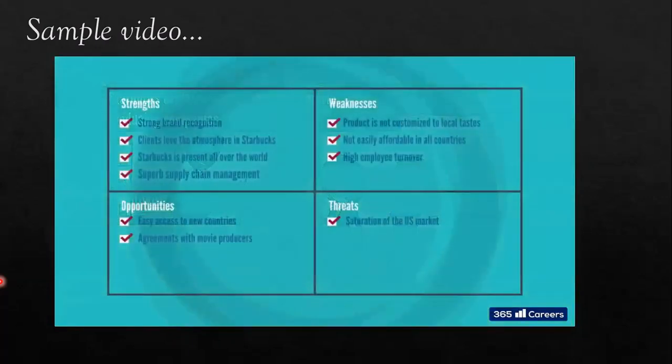One of the biggest threats for Starbucks is the saturation of the American market, which is where most of its outlets are located. Consumers are increasingly invested in healthier lifestyle, and some substitute products are better positioned to capture the attention of the health-conscious clientele. Okay, we'll stop here. This is what a SWOT analysis looks like in practice. The depth of the observations included in the analysis depends on the information we have about the company.